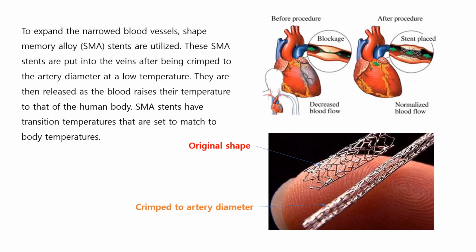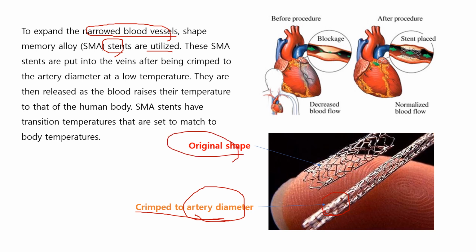To expand narrowed blood vessels, shape memory alloy stents are utilized. So these stents are crimped to artery diameter. That's the original shape. These shape memory alloy stents are put into the veins after being crimped to the artery diameter at low temperature.